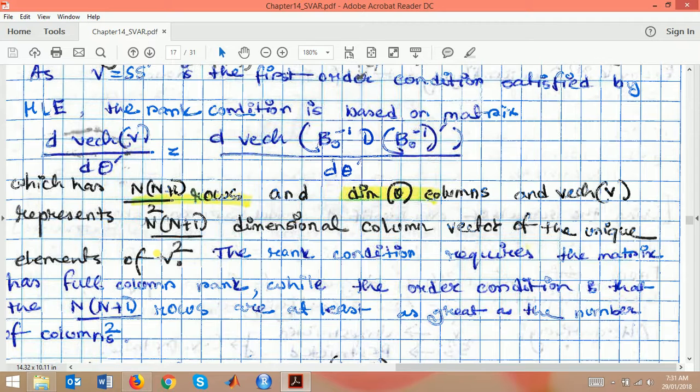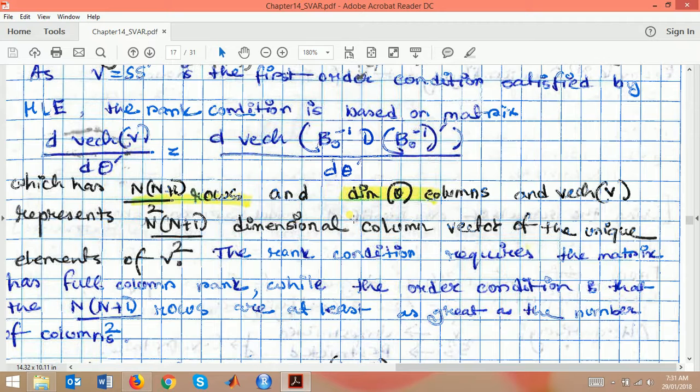The rank condition requires the matrix has full column rank, while the order condition requires that n into n plus 1 by 2 rows are at least as great as the number of columns. Very interesting.